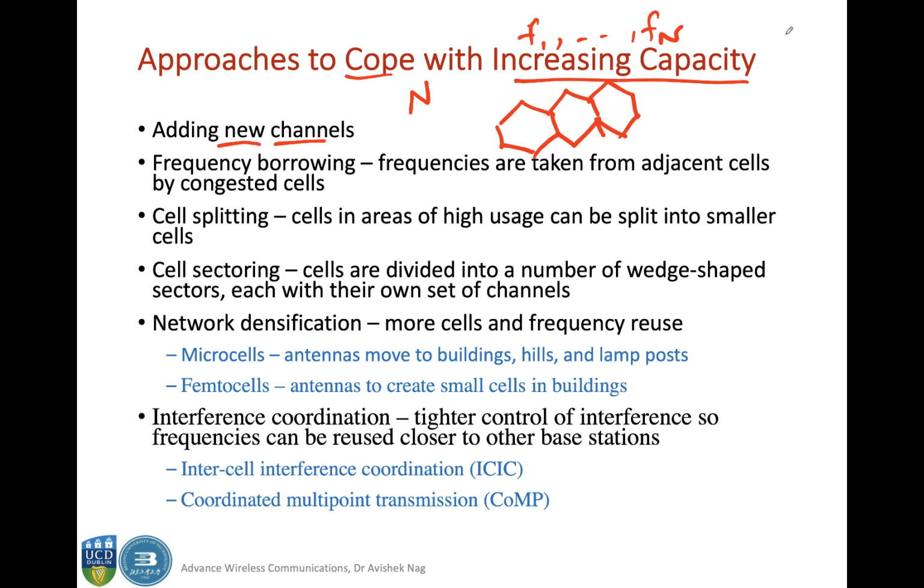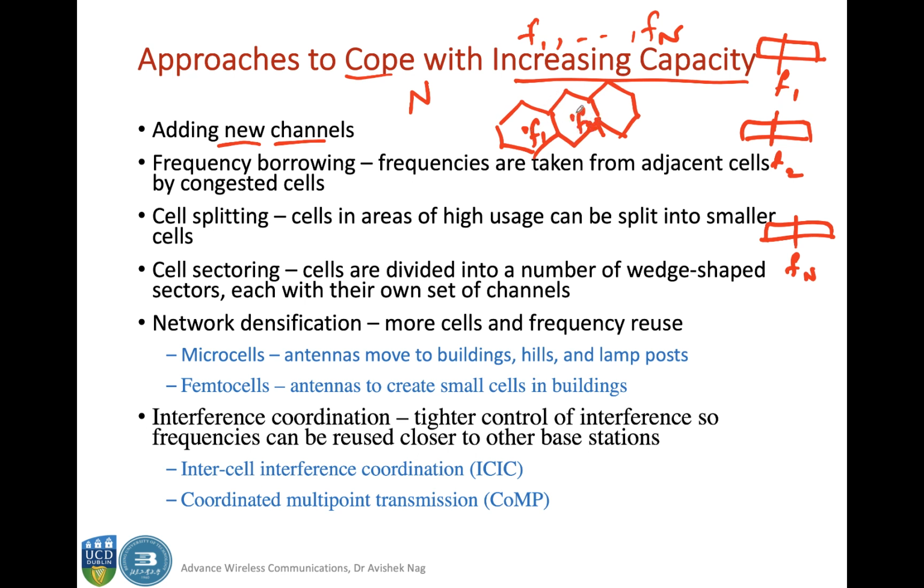So you are using a band of frequencies centered around, let's say, f1. Then you are using a band of frequencies centered around f2. You are using a band of frequencies centered around fn. So let's say this cell is using a band of frequencies centered around f1, and this cell is using f2.